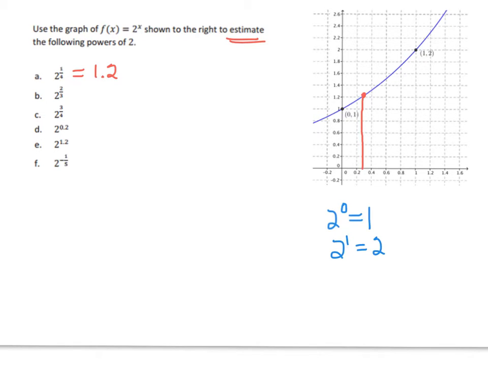Now for 2 to the 2/3 power, 2/3 I know is 0.66. So on my x-axis, I look for an exponent of 0.66. So I'm going to follow my graph up here and use a value right around there. And that's looking like approximately 1.5.